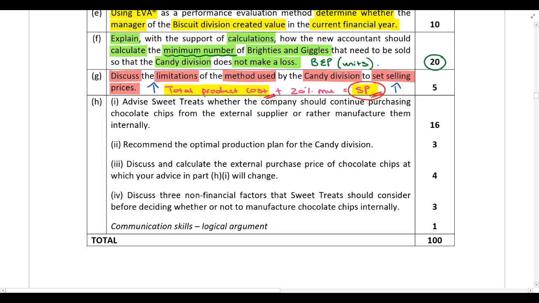And linked to that, there's another limitation that we can discuss. If demand decreases, then fixed overhead costs are going to be shared between fewer units. So the product cost per unit will increase. And if the product cost per unit increases, selling prices will also increase. And if selling prices increase, that will cause demand to drop again.